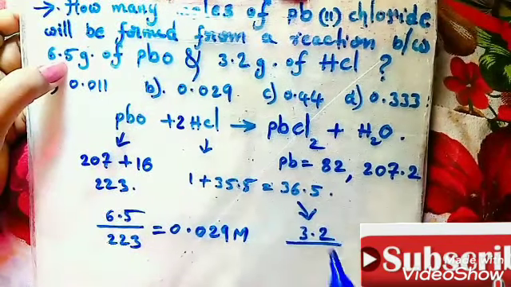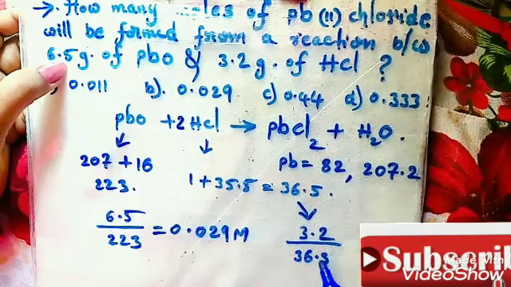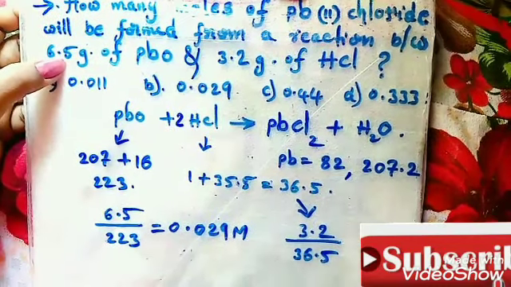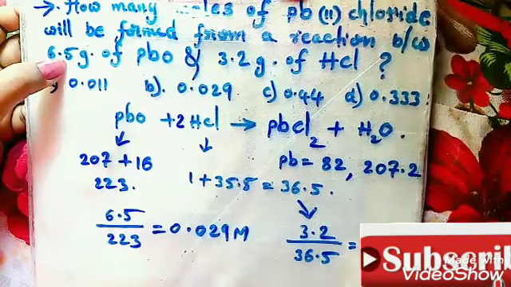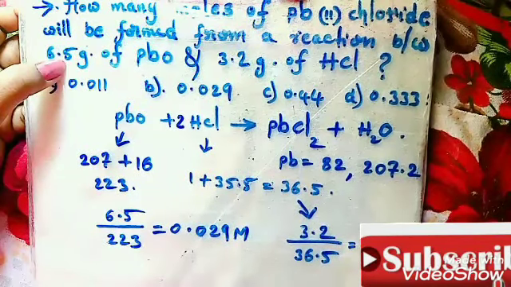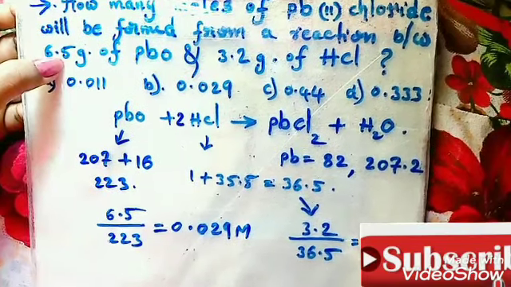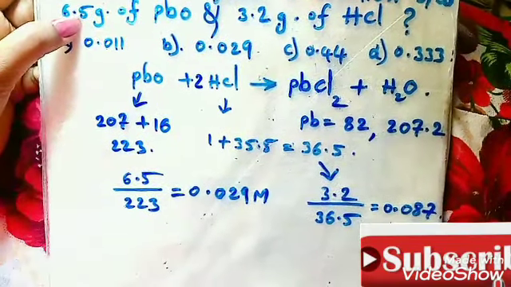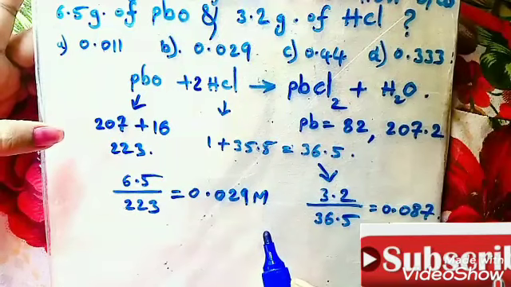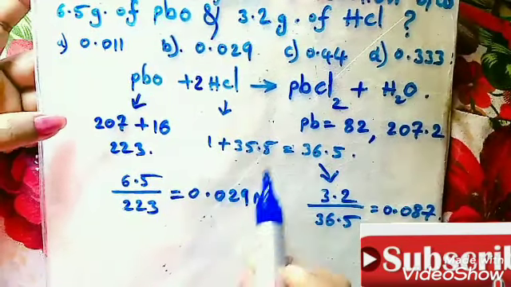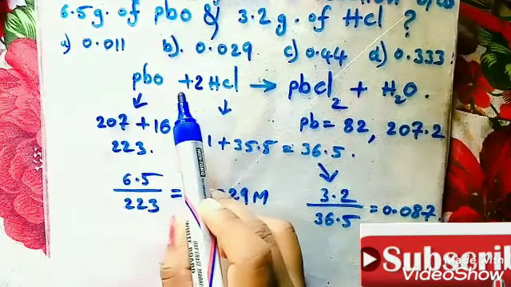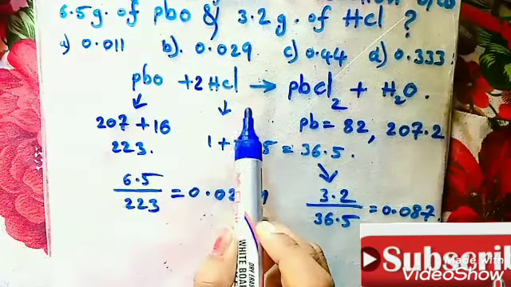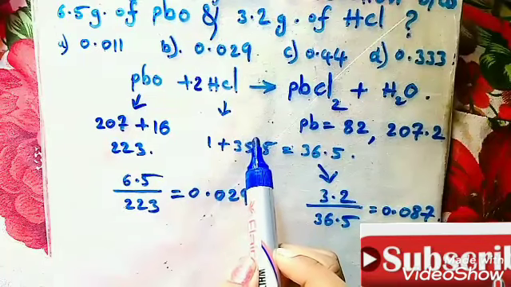3.2 by 36.5. We did already 36.5, that is 0.087 moles. By doing the simple calculation we got like this. And students, if you see, the formation of moles of lead 2 chloride depends upon the number of moles of PbO, which acts as a limiting factor here.